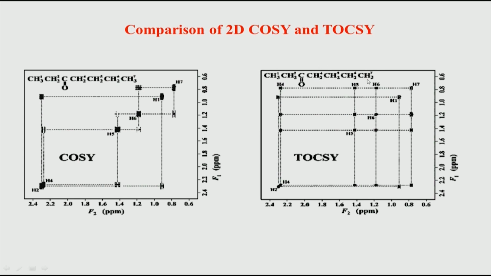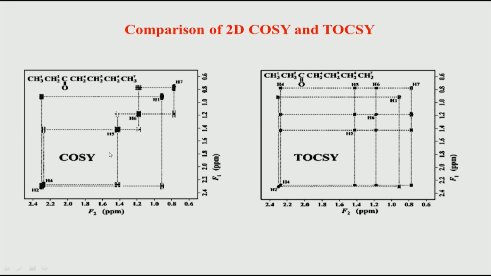But again, one spin system is separated from the neighboring one. So, obviously, you do not get peaks between the 2 spin systems, but within one set of spins you get all the correlations. If you compare these 2 pictures, it is telling us that the COSY peaks are actually all present in TOCSY, which means COSY is a subset of TOCSY. So, TOCSY has many more peaks than COSY.